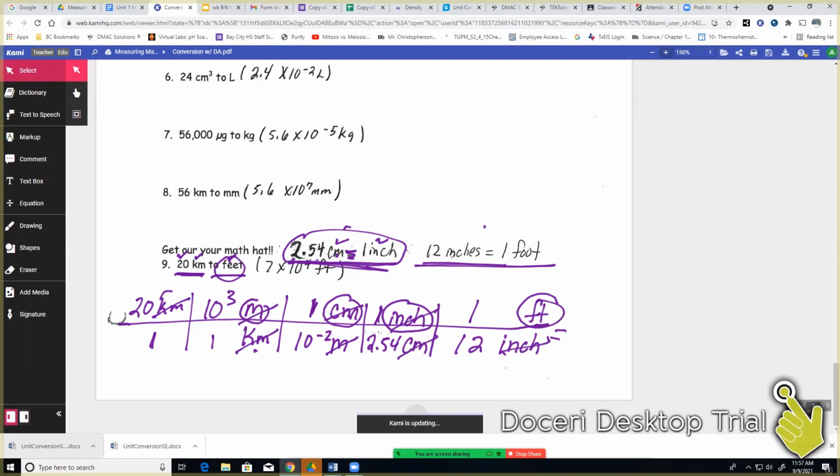So now put this in your calculator. You should do 20 times 10 to the third. And I think that's all that you need at the top. And then divide by, I don't know if you want to divide by each one separately or put them in parentheses and multiply them. Y'all are usually better at the calculator. See if you can get that answer right there.